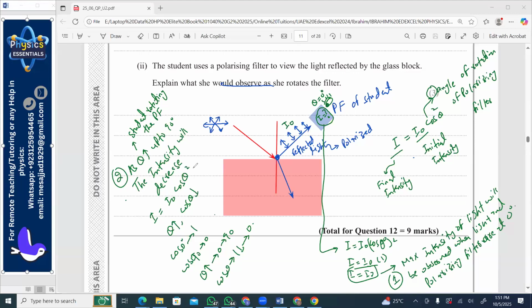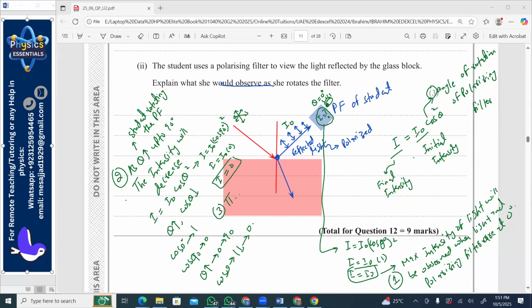So just put here I equals I naught cos 90 squared, and cos 90 is 0. So I equals 0. The intensity will become minimum at 90.